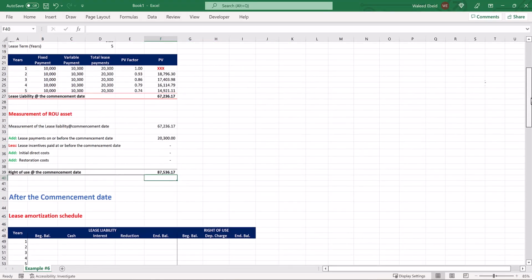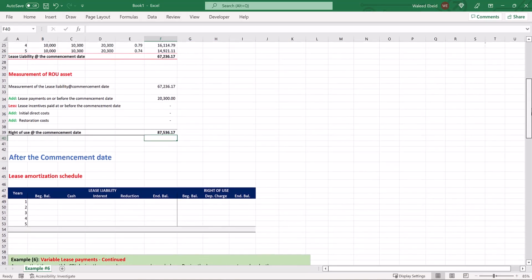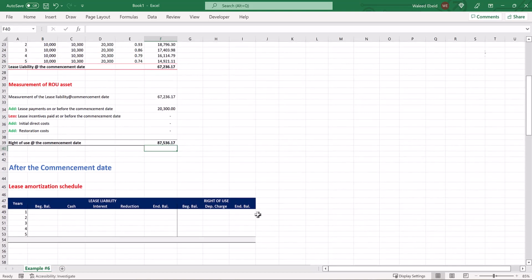Let us proceed to the measurement of the lease liability and the right-of-use asset after the commencement date. These are the beginning balances of the lease liability and the right-of-use asset. The cash payment for the first year, which was already paid on the commencement date, is not included in the lease amortization schedule.